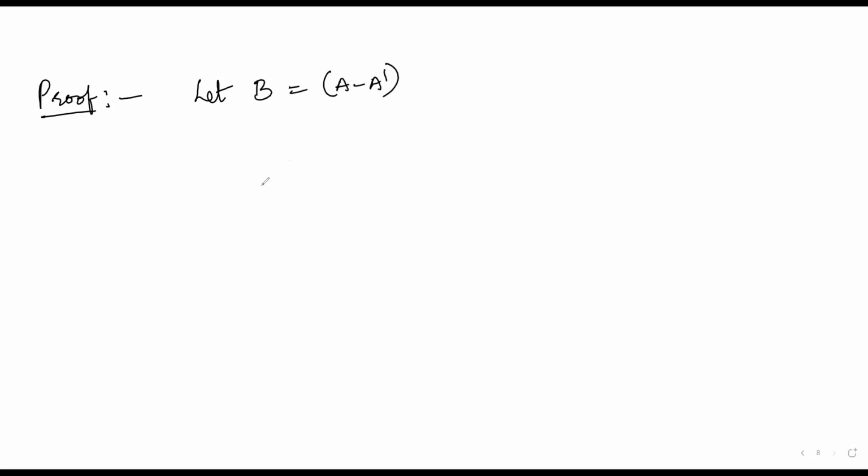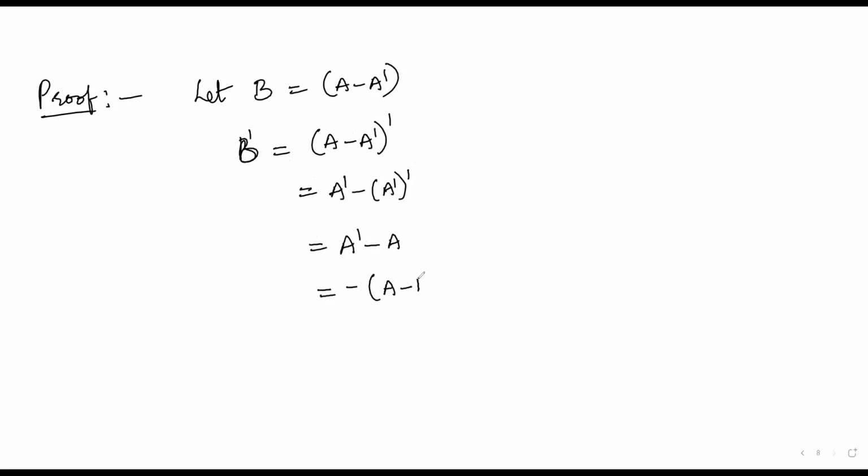Now B transpose is equal to A transpose minus A transpose transpose, which is A transpose minus A. Which is equal to minus of A minus A transpose, which is minus B. Simple. B transpose equals minus B. Therefore, B is skew symmetric.